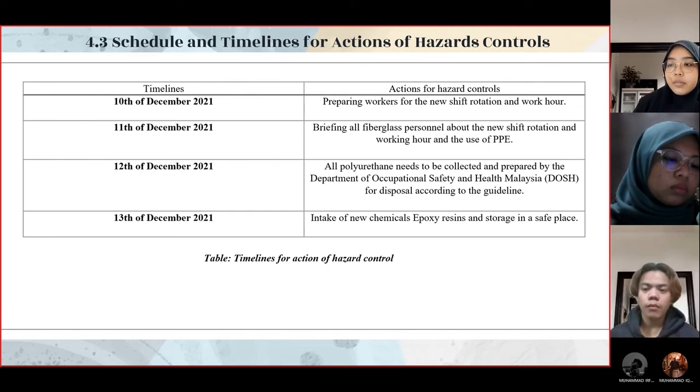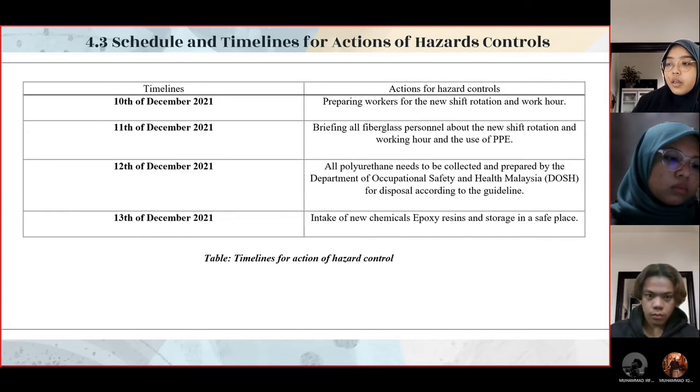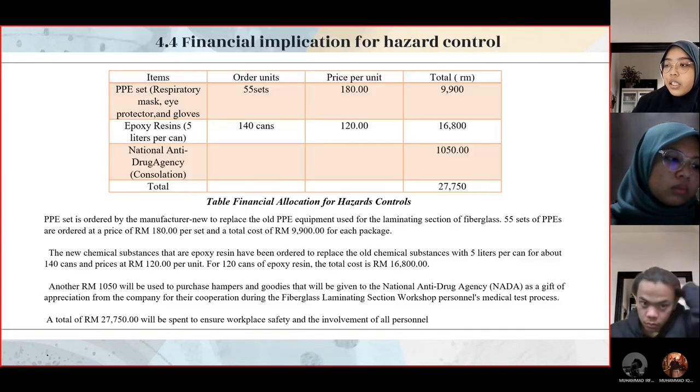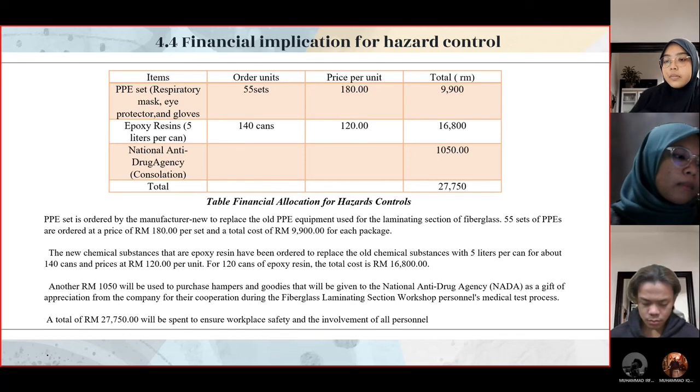On 12 December 2021, all polystyrene needs to be collected and prepared by the Department of Occupational Safety and Health, Malaysia DOSH, for disposal according to the guidelines. On 13 December 2021, intake of new chemicals, advisory and storage in a safe place.